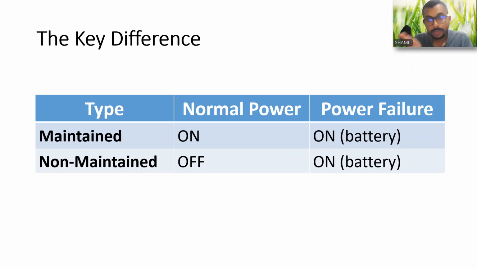That is the only difference, the supply side difference. Now, in the non-maintained type, again the power switches from the power supply to the battery, but during the normal power condition, the non-maintained emergency light remains off. It will be turned on only during the power failure time. So this is the key difference between the maintained and the non-maintained emergency lights.